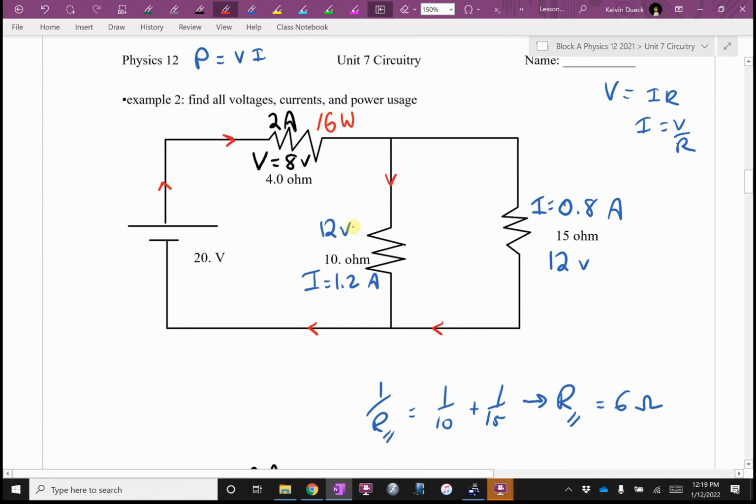In the middle one, how many watts? On the right-hand one, how many watts? 9.6. And there, we've solved the circuit.